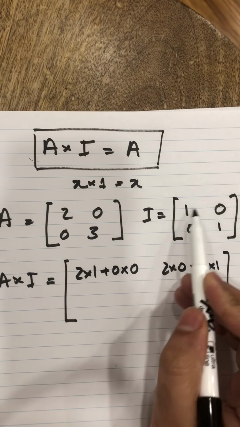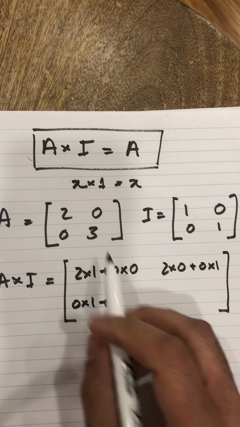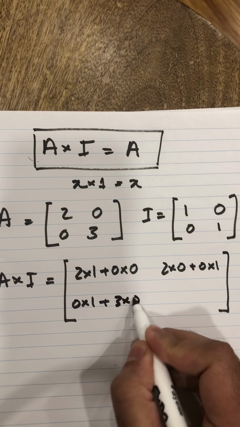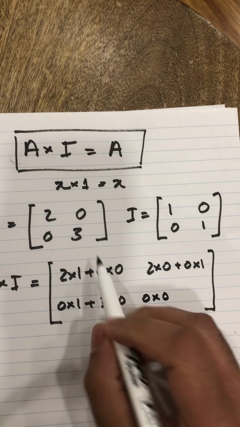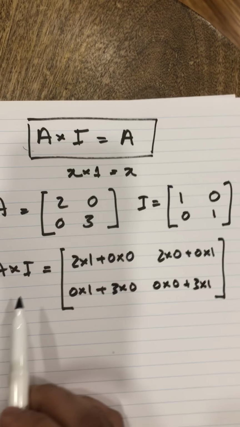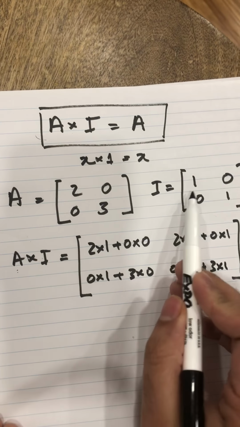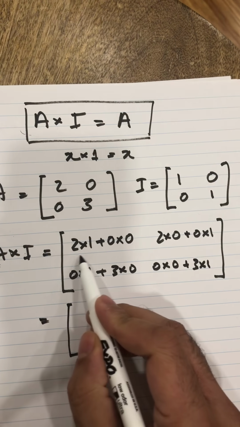Then 0 into 1 plus 3 into 0, and 0 into 0 plus 3 into 1. Okay, so I multiplied my matrix A with my identity matrix. This is what I get. If I solve this, what do I get?